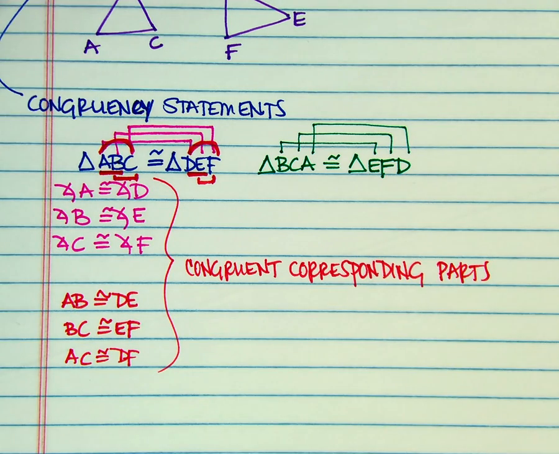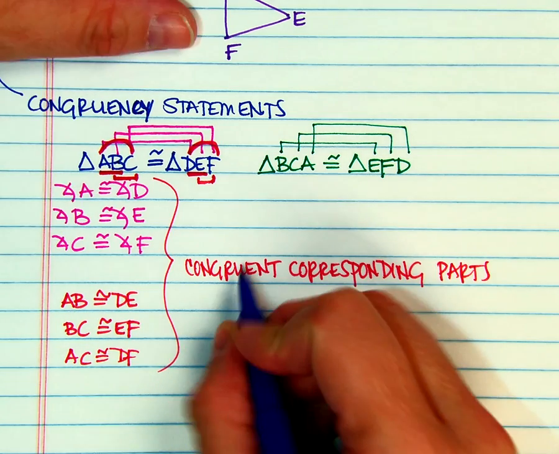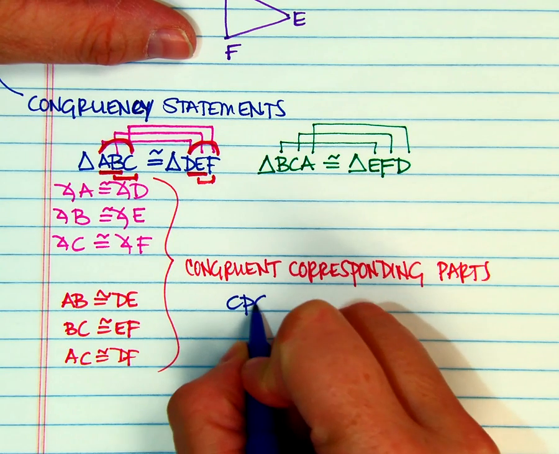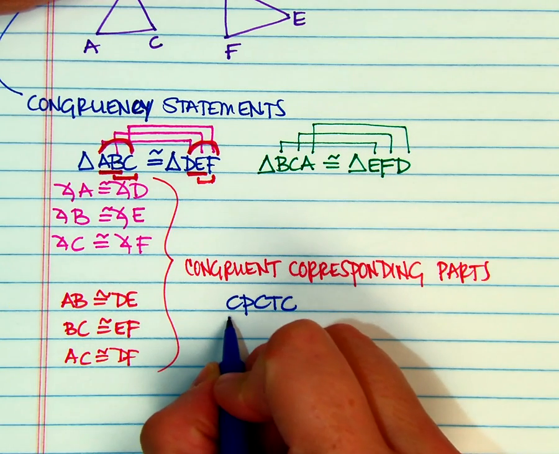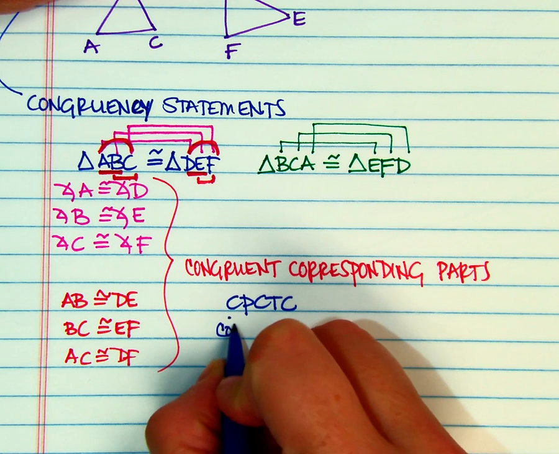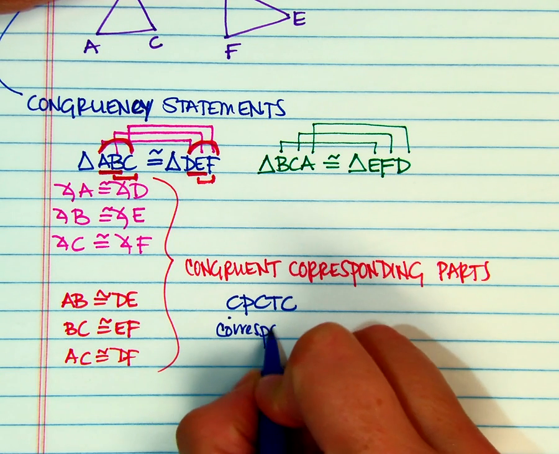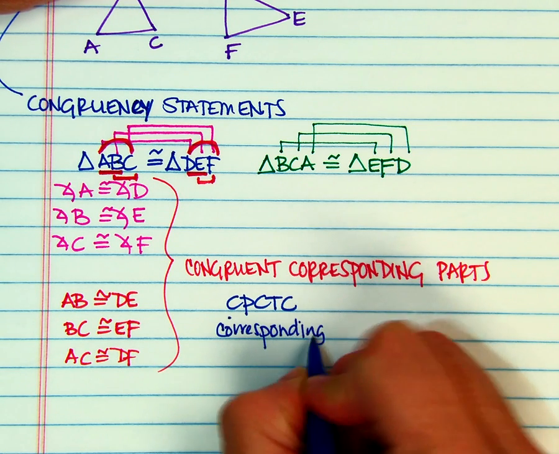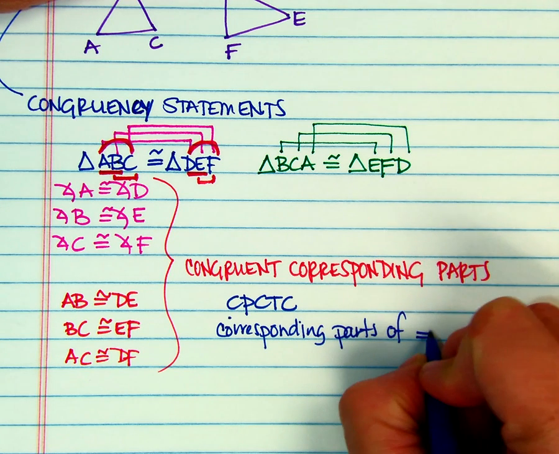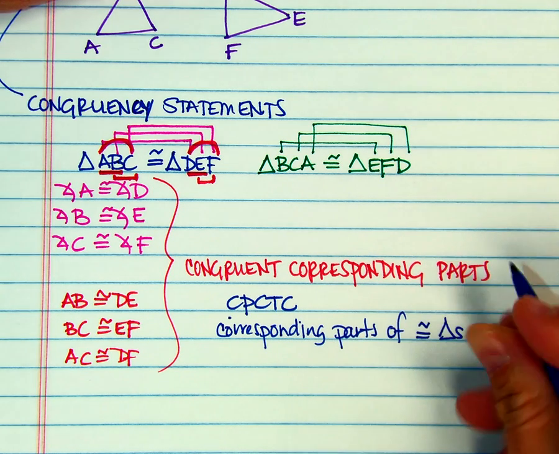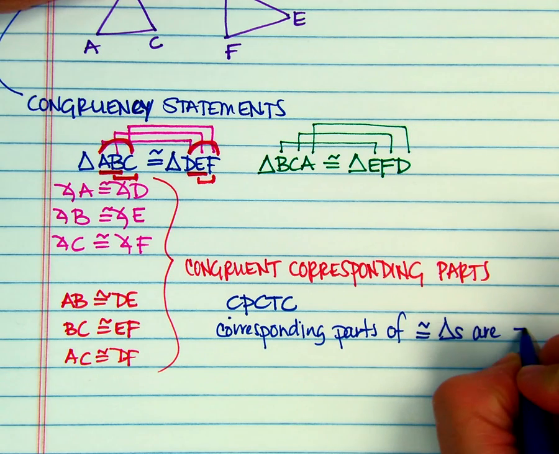Down the road, we will be referring to this as, ready for this, CPCTC. And this stands for corresponding parts of congruent triangles are congruent.